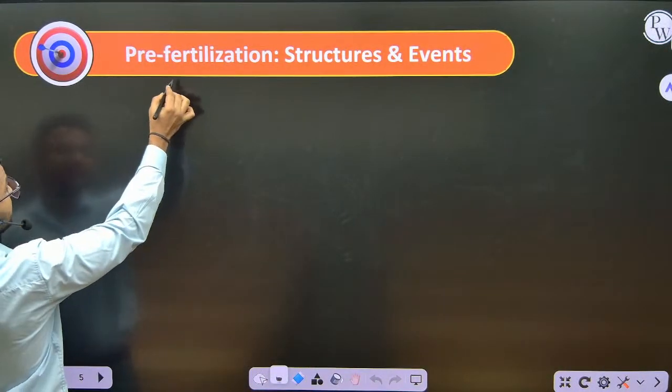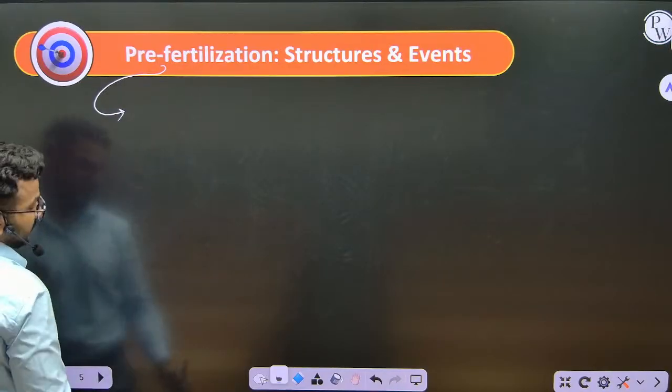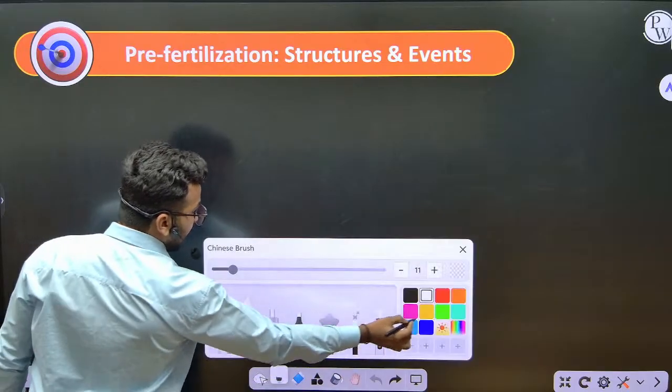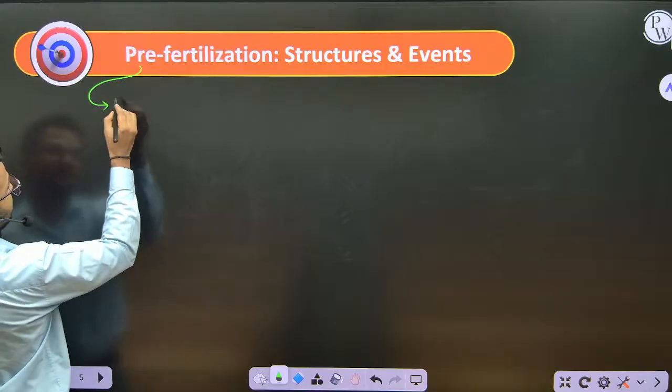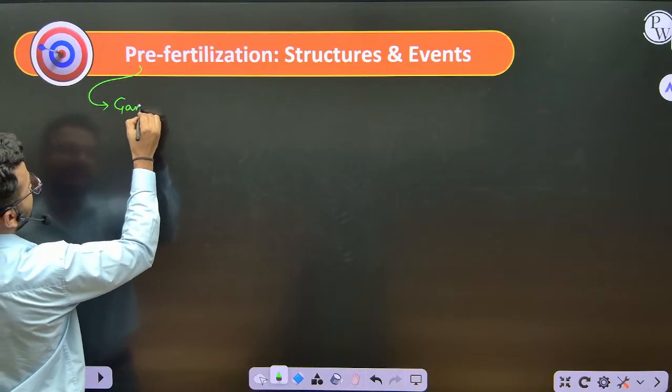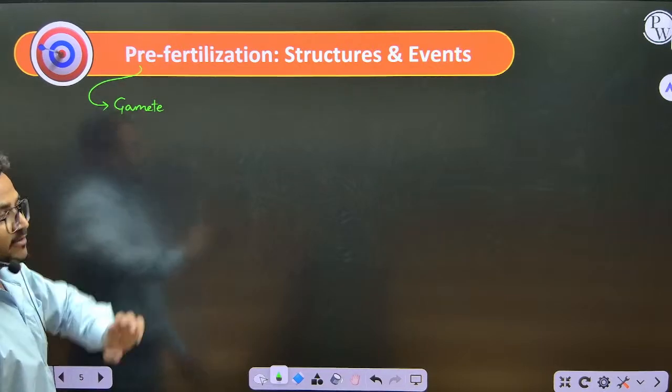In the last session itself, I said that pre-fertilization is nothing but where we will be seeing gamete formation, and how the gametes are formed.